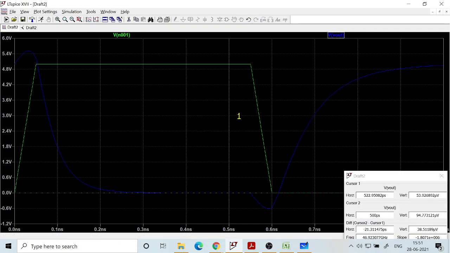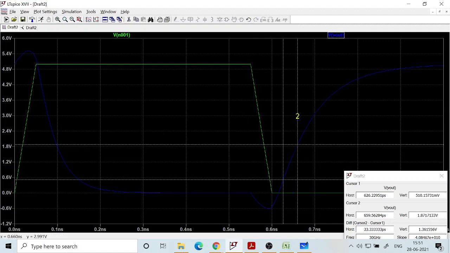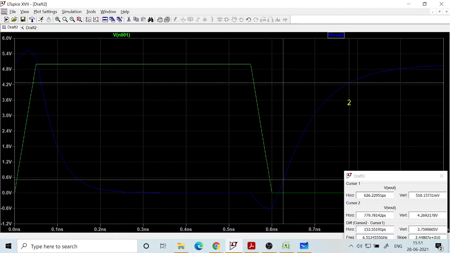So if you look at the rise time, you will go to 0.5. Okay, roughly, and then 4.5.